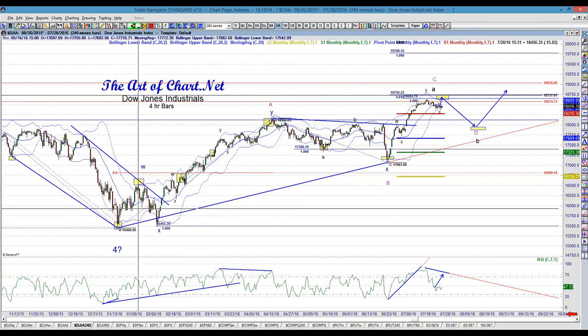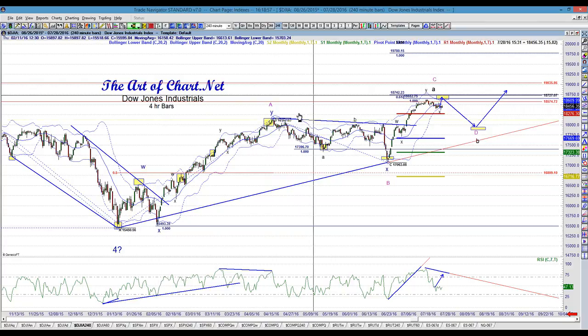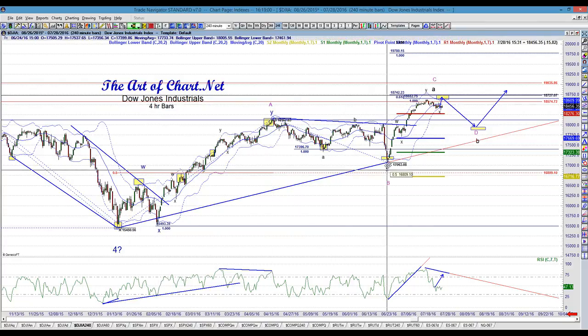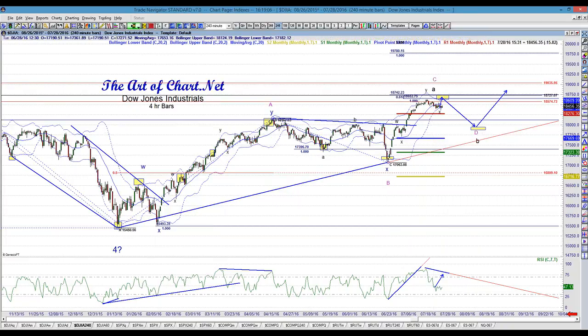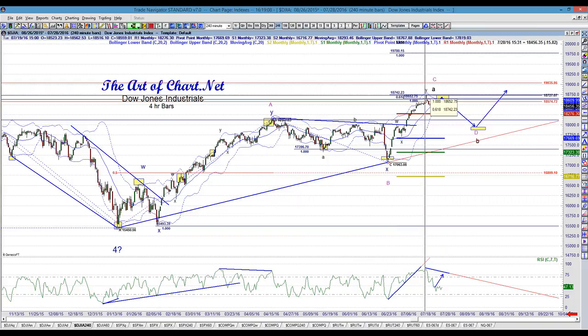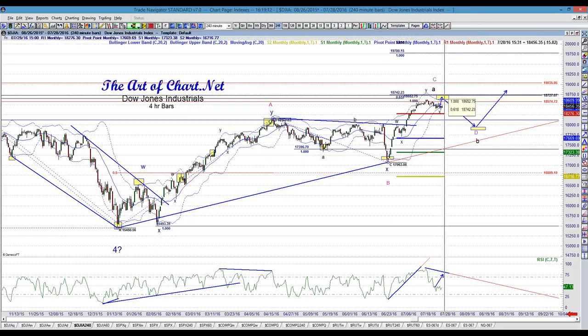But where we are in this count right now is WXY. I'm looking at this being the end of a significant wave, and then I'm looking for a back test here. So this is a WXY, a three-wave move to the 100% fib. This is an X. I'm looking for one last leg higher to finish the sequence.